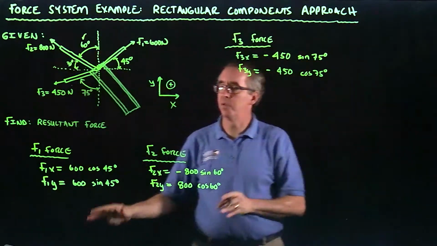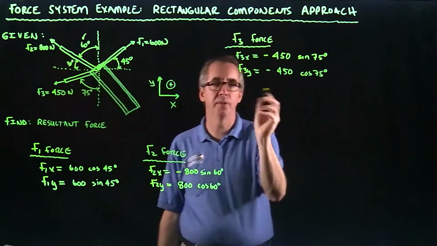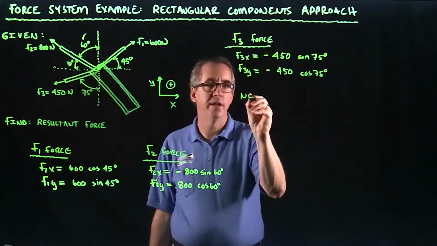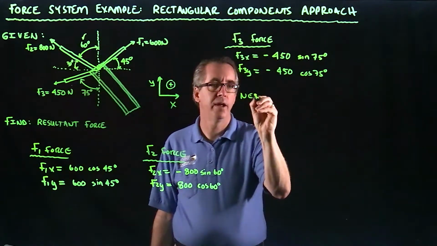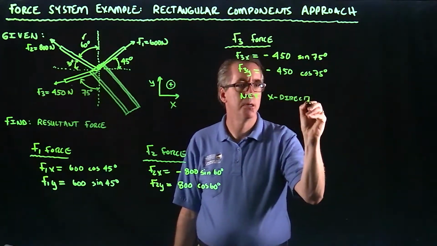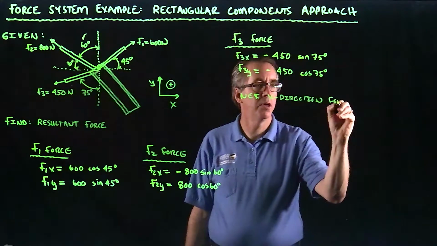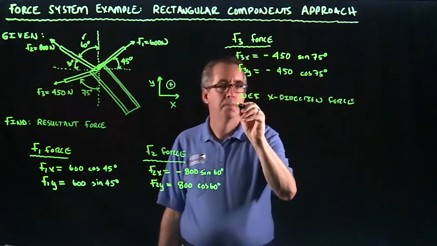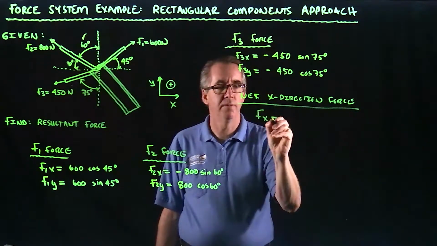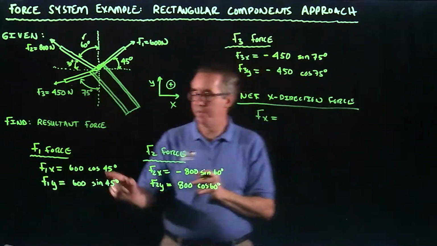Okay, so now that I've broken down the 3 forces, what I'm going to do is find the net x direction force, okay? So the total force in the x direction is going to be the sum of these 3.